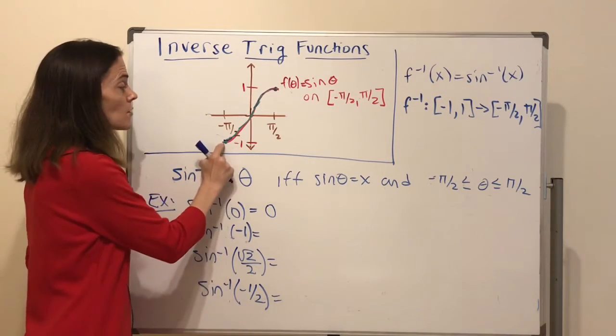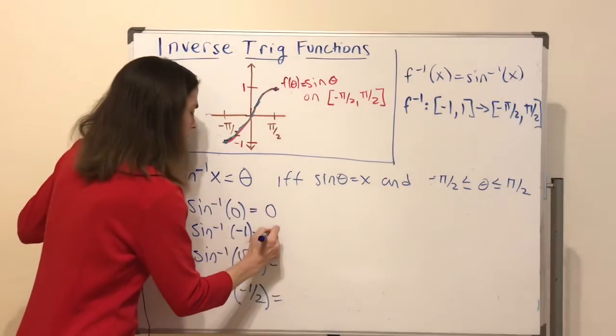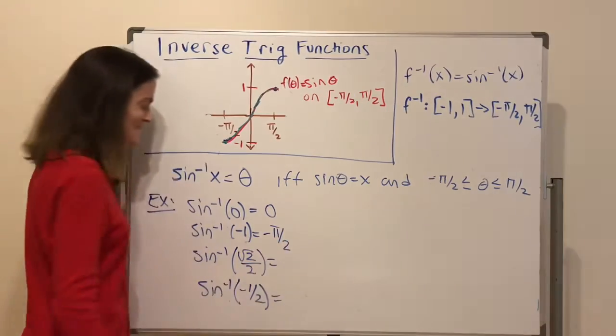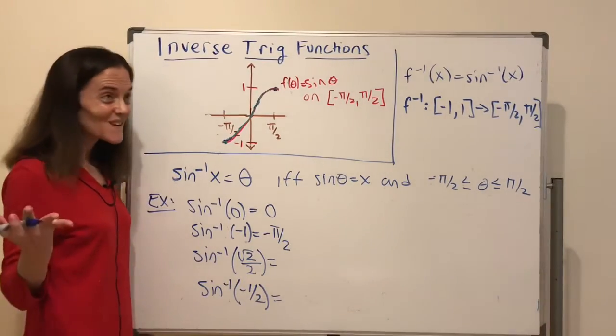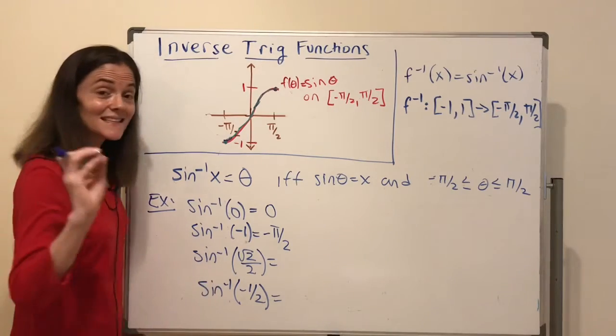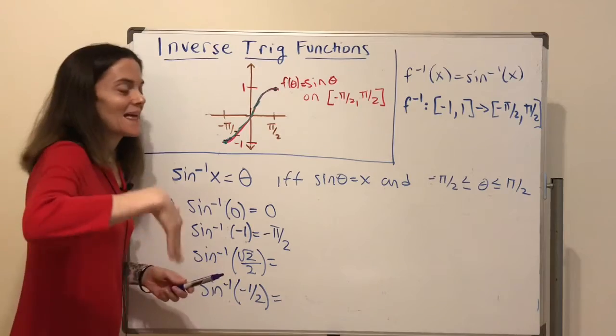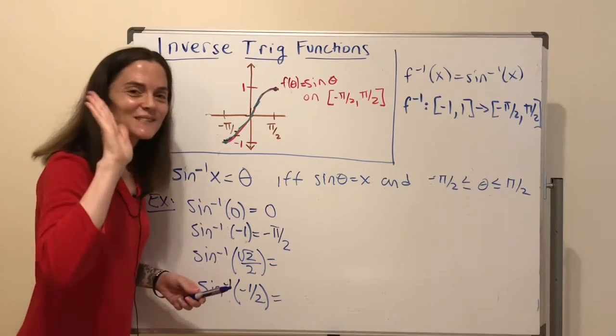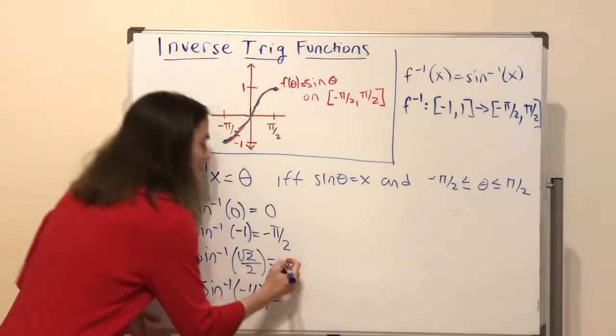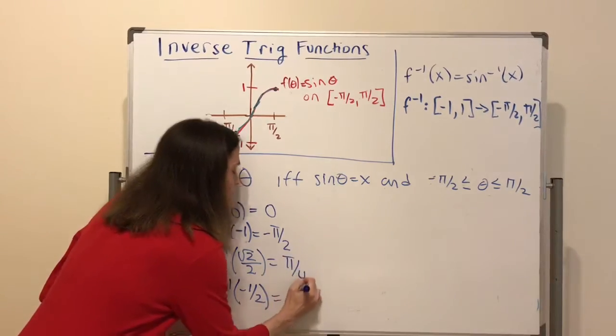Here we go: theta is negative pi over 2. So far, so good. This one says the sine is square root 2 over 2, and theta is between minus pi over 2 and pi over 2. This is pi over 4.